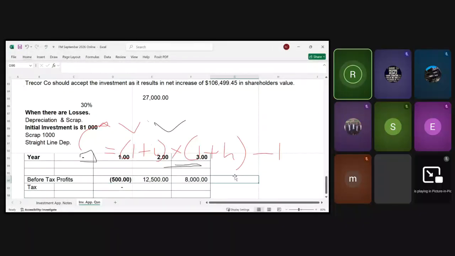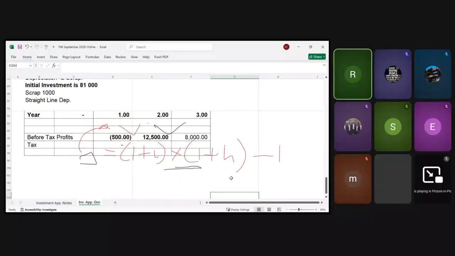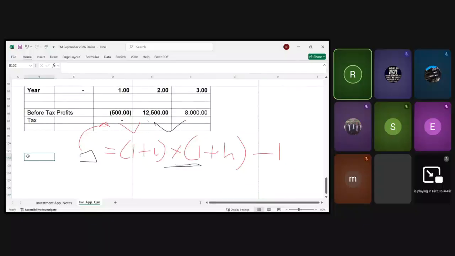But for year 2, we are not going to apply 30% to 12.5. Why? Because we had losses prior. So we are going to make a separate working for year 2 taxable profits.